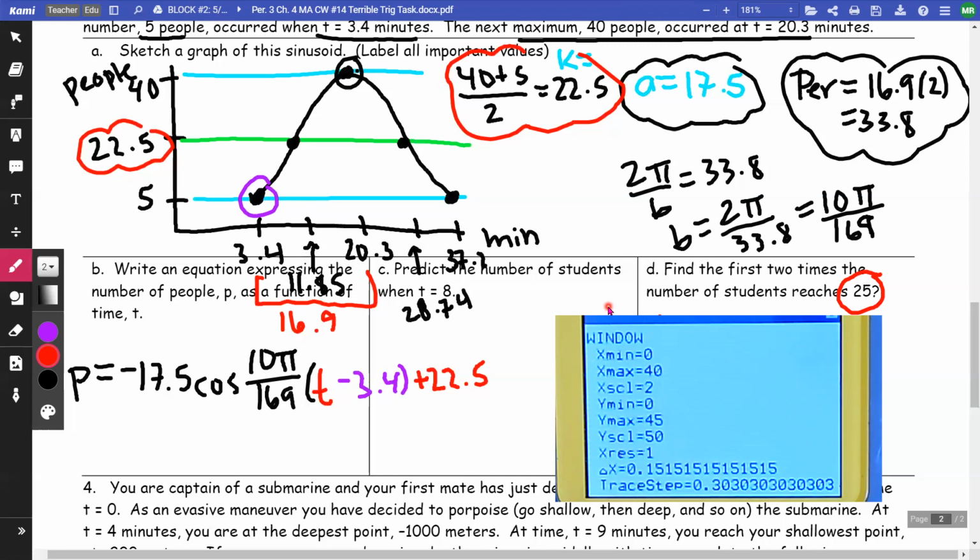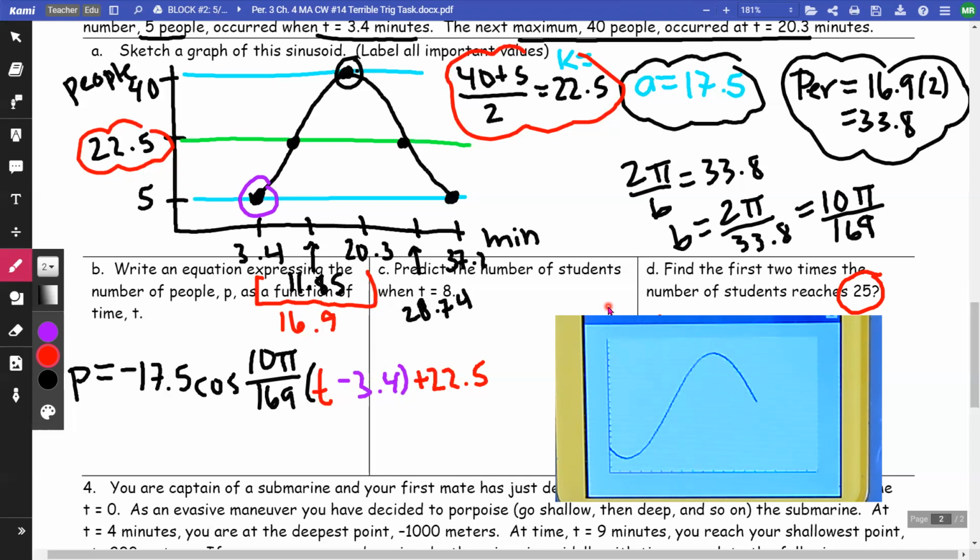Let's just say 45, and let's go by 2s again. Then I'm going to hit graph. And so here's my graph. It's also graphing y equal 25, which is going to help us on part D.